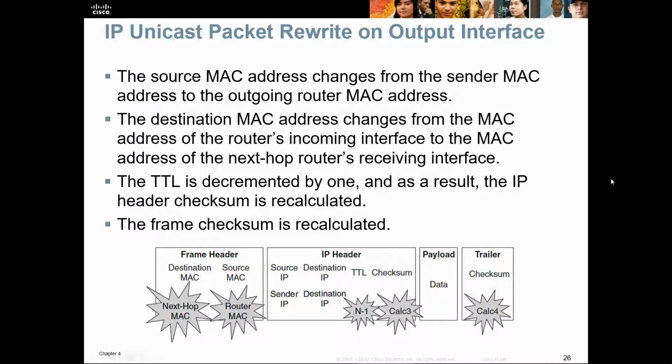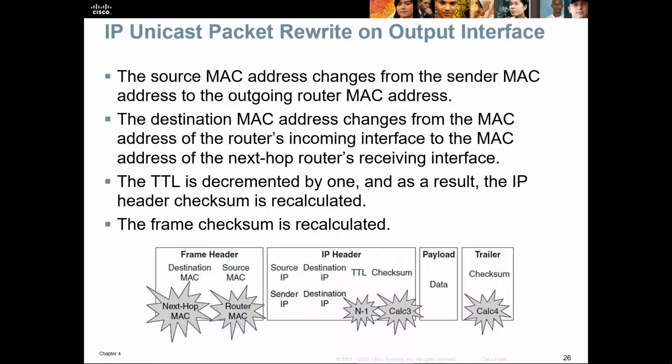Here, the MAC address is going to change depending on next device. We also have a time to live, which will be decremented by 1, so that the IP header checksum could be recalculated, and so that we do not have endless loops.